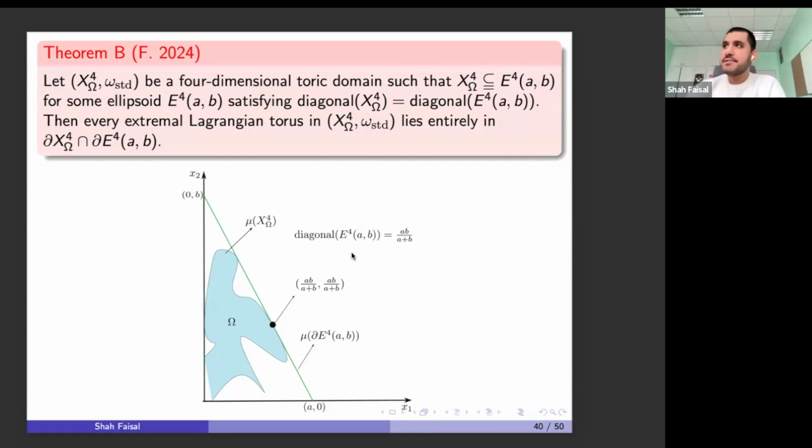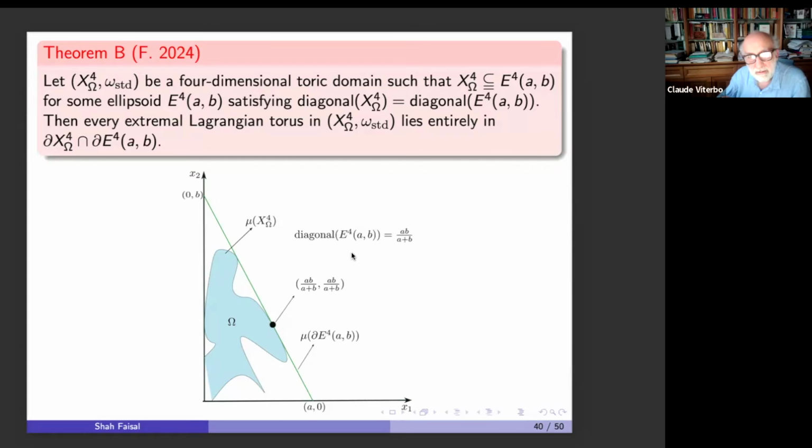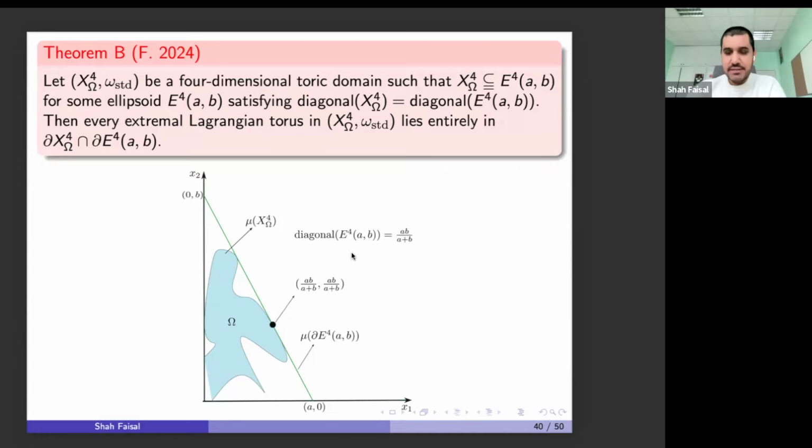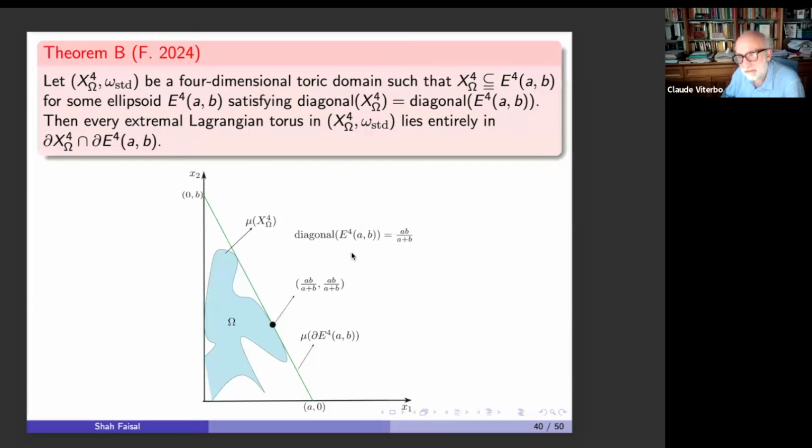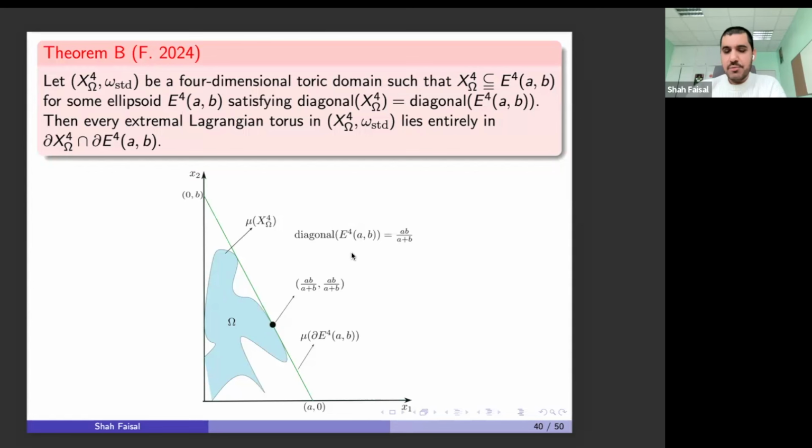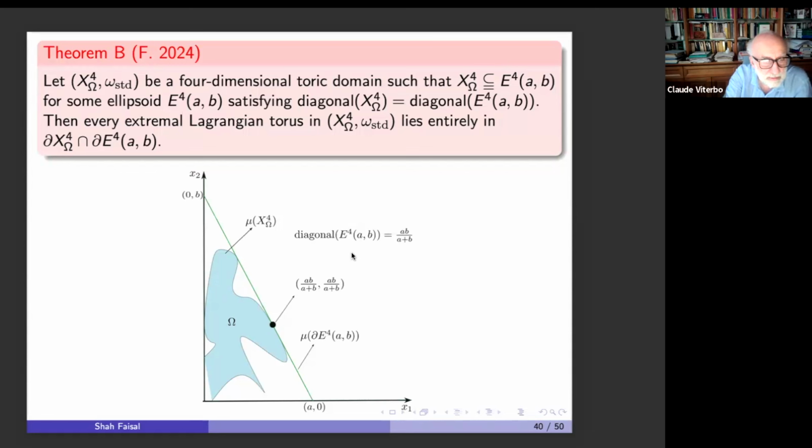Yeah, it's a good question. The argument will work for any Lagrangian admitting a metric of non-positive scalar curvature, which is extremal. So the area constraint should be there. If you start with a closed Lagrangian which has the same symplectic area as the extremal tori, then the argument will work, so they should be contained in the boundary, up to my understanding at least.